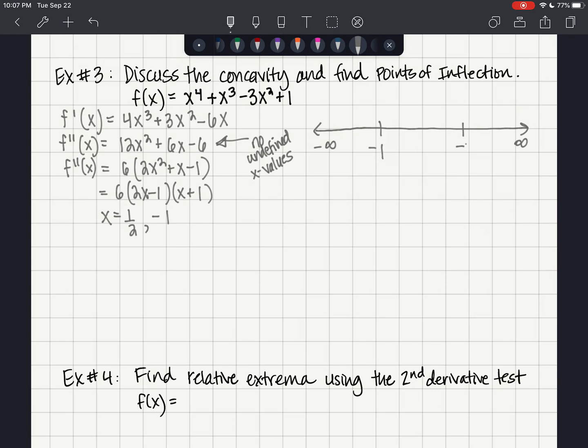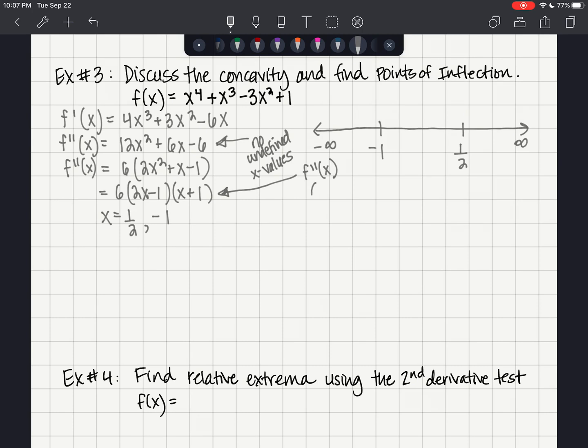-1 is to the left of 1/2. So -1 and then +1/2 are my numbers that are going to break up my domain for the concavity of the graph. So we're going to test for concavity in the second derivative. I'm going to put in maybe a -10.